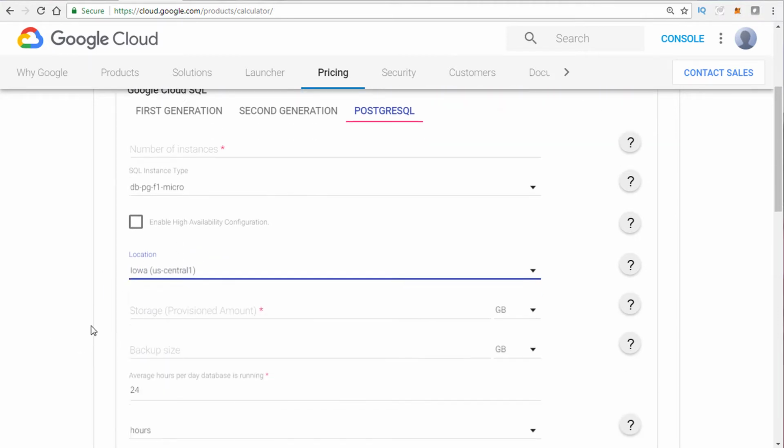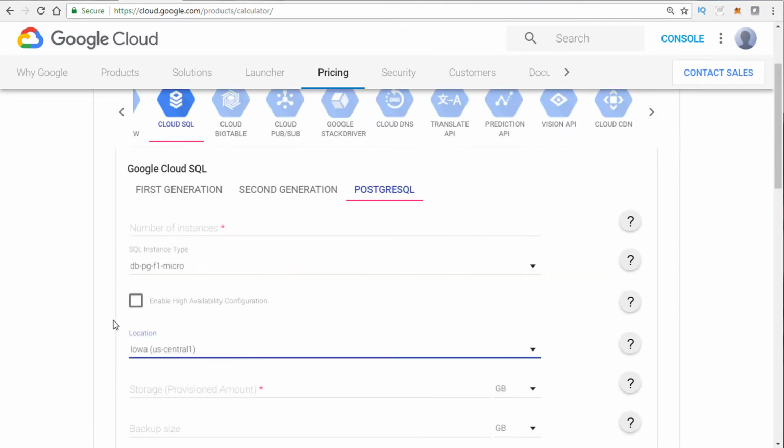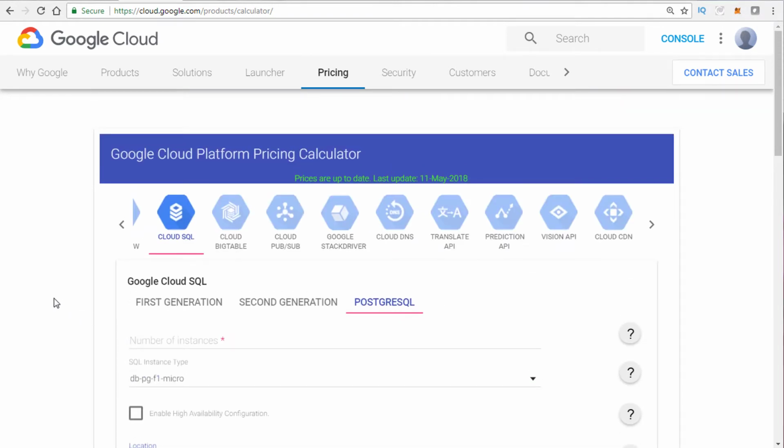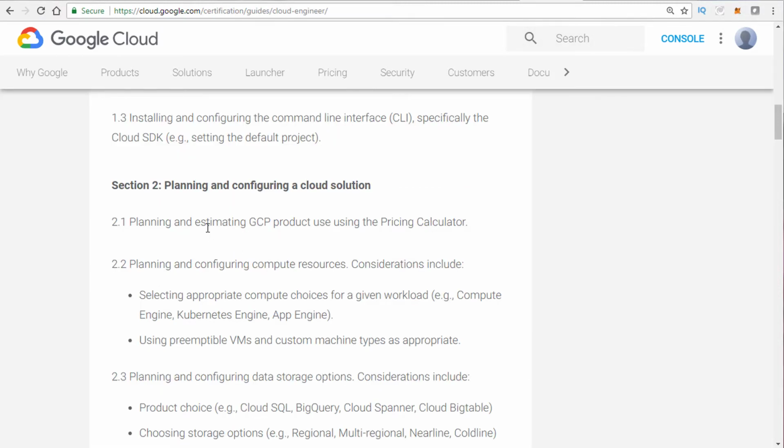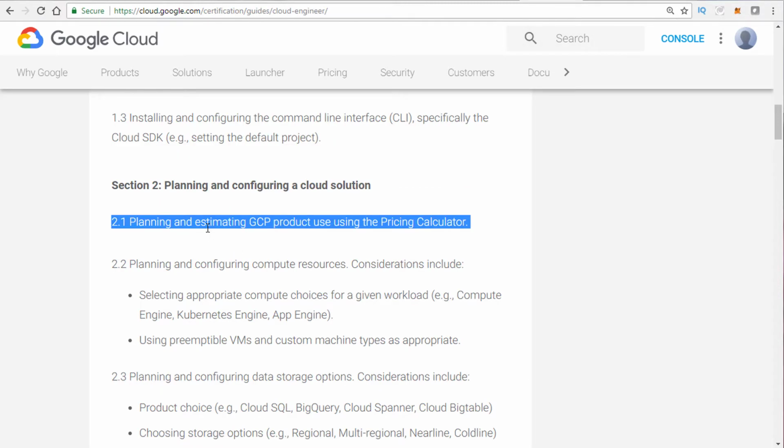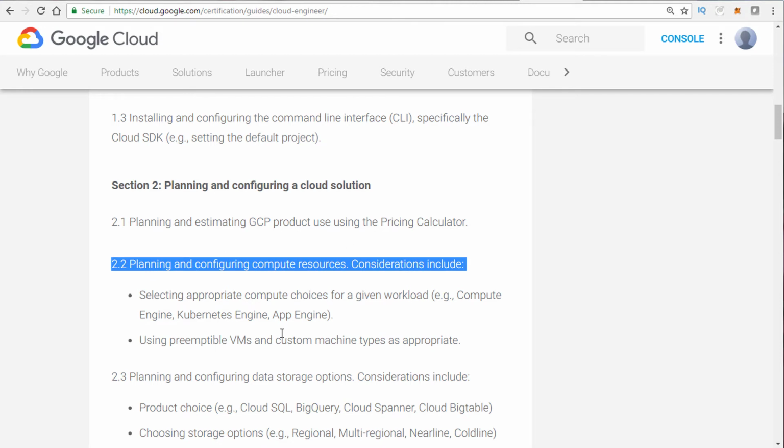Remember, it's regional, and just be aware of how you're going to pay for this. Now let's go back to the objectives. So remember the pricing calculator. Do expect questions on the pricing calculator, and I would highly recommend you pay attention to managed services when it comes to pricing. Okay, number 2, planning and configuring compute resources.